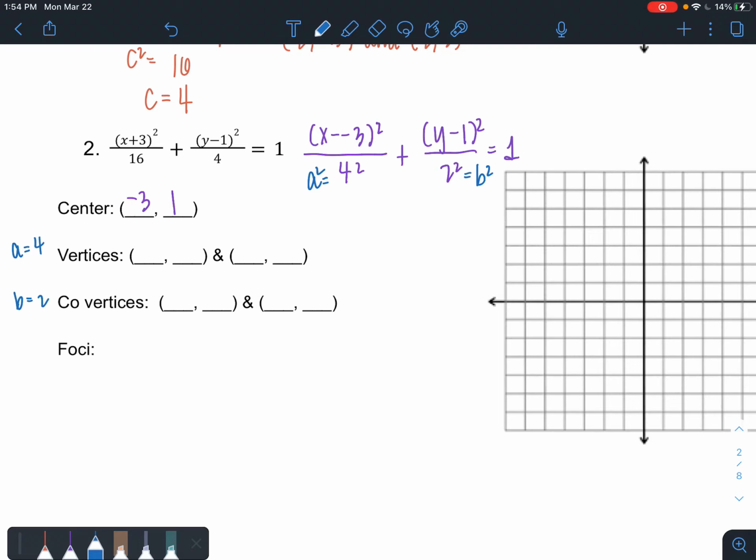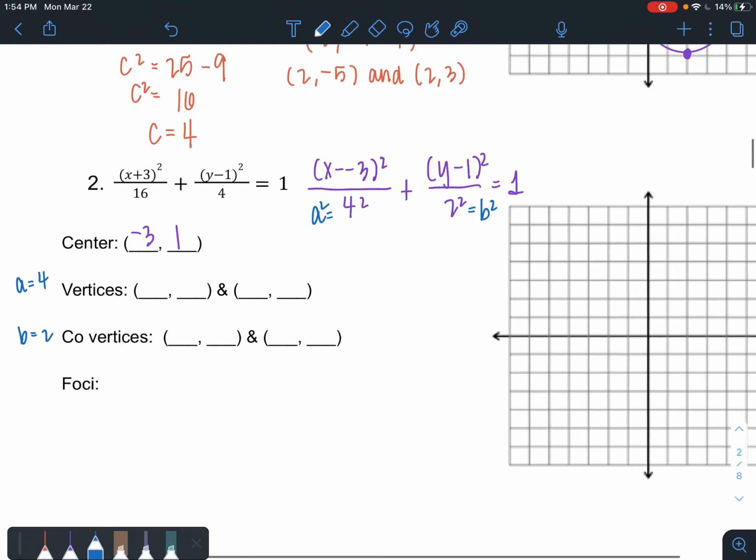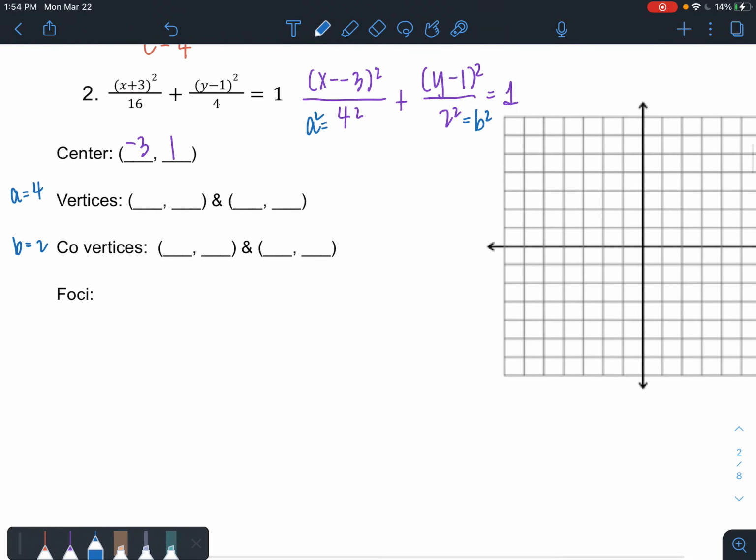So my vertices are going to be, making sure I did these ones right, yeah. Okay, so my vertices are going to be negative 3 plus or minus 4. And then 1 is going to be my y value for those.